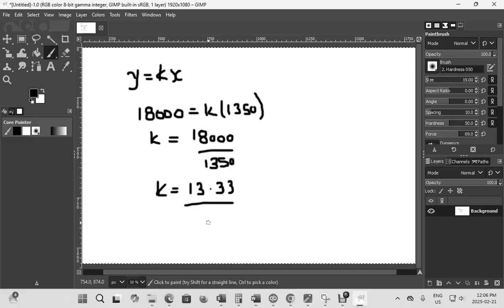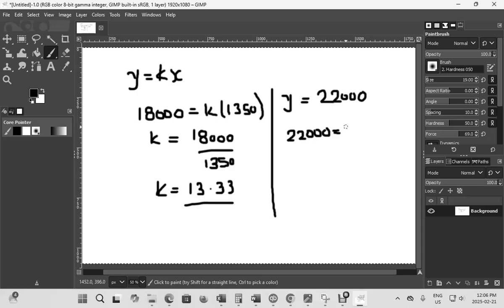Now, what you're trying to figure out is your x and y. We know that k is 13.33, and y for the new value. Let's say you're supposed to figure out the sales tax of the new car. Let's say y is equal to 22,000. So this will be your y, 22,000. This will be kx.